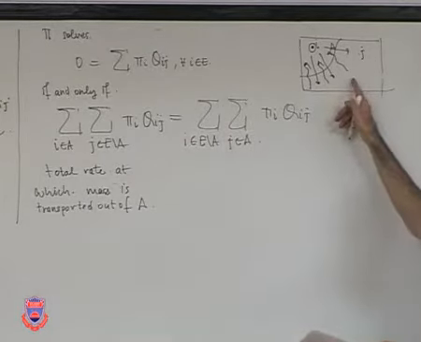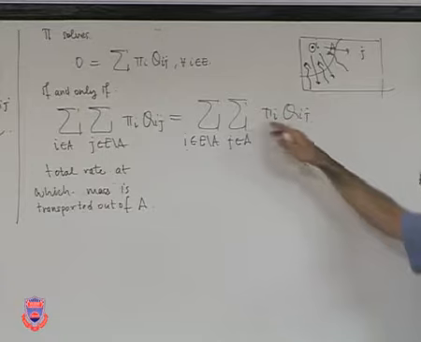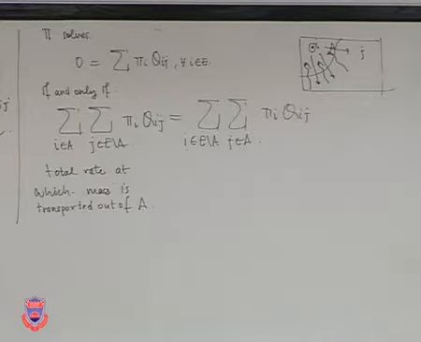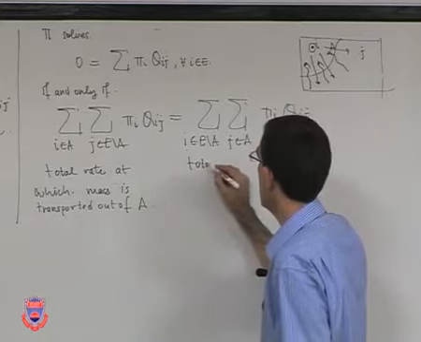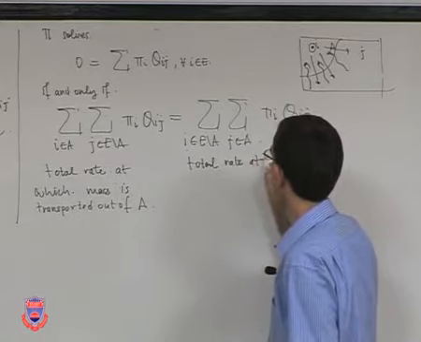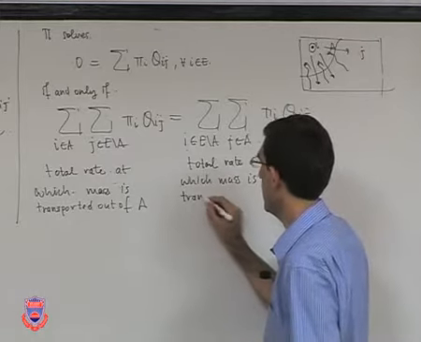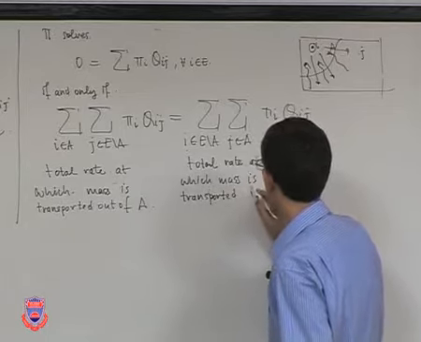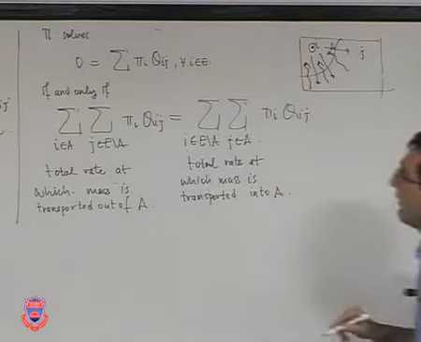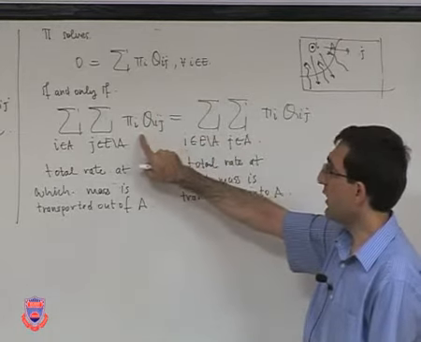For each i outside and each j inside, this gives us the sum of the rate at which material, or the same mass, is being transported inside A. So this is the total rate at which mass is being transported into A. If pi is a solution of this system of equations, then it must also be a solution of this system of equations.